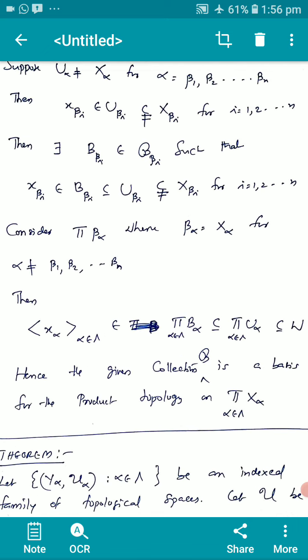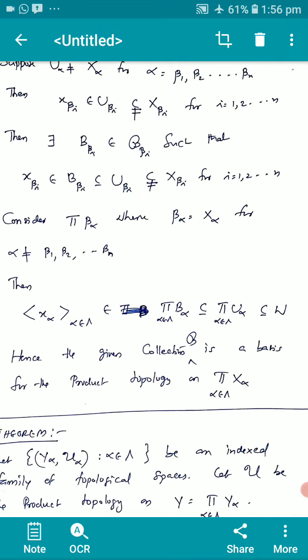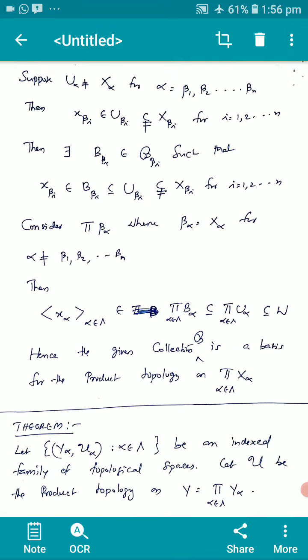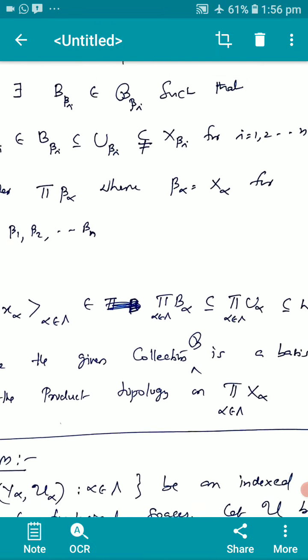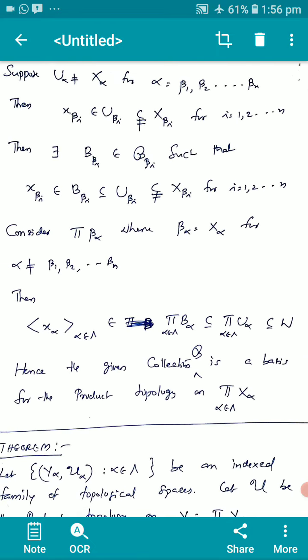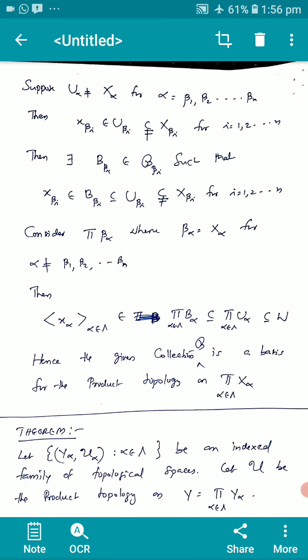And there exists B_beta_i, an element of the basis B_beta_i, such that x_beta_i is an element of B_beta_i, which is a subset of or equal to U_beta_i, which is a subset not equal to X_beta_i for i equal to 1 to n.